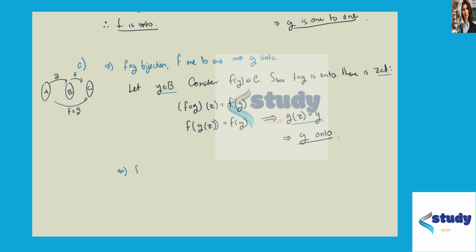Now for the other direction, let's assume that f composed with g is a bijection and that g is onto, so we have to conclude that f is 1 to 1.